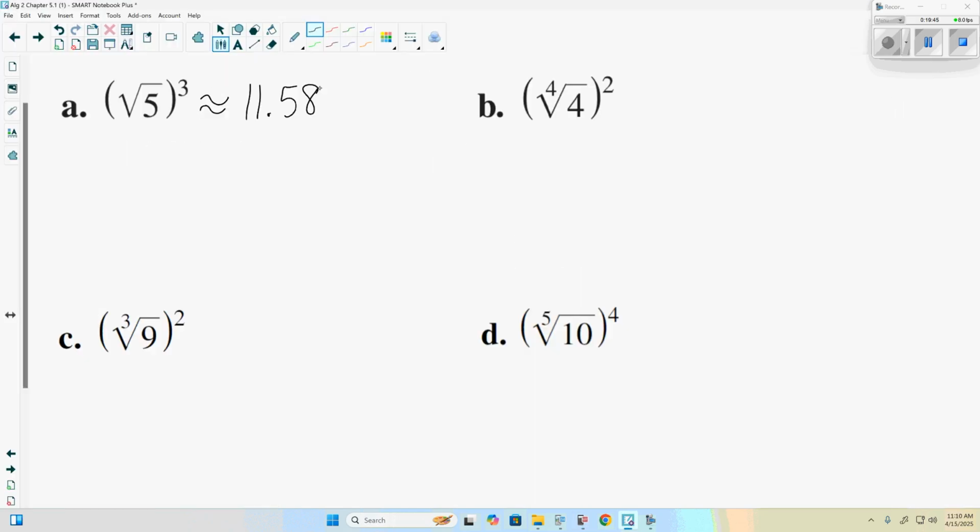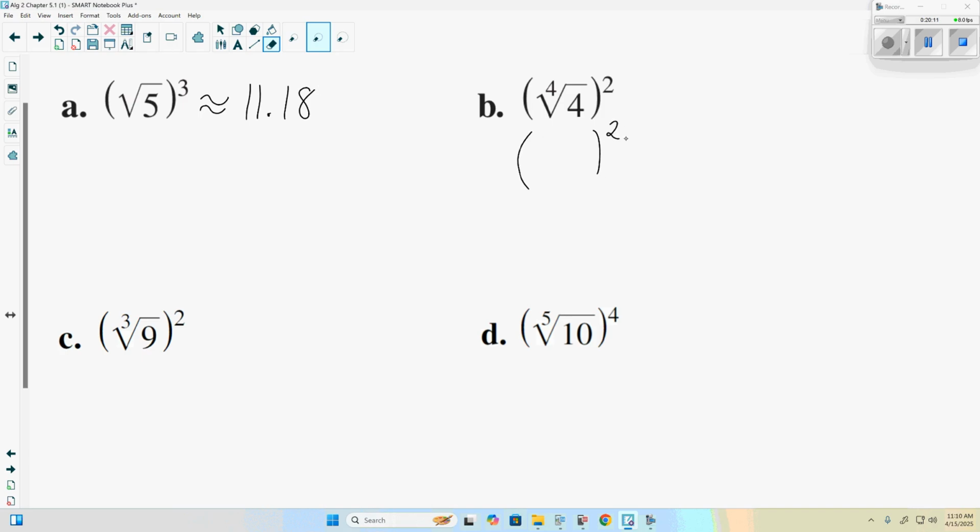I don't know where I got 5. Probably from the 5 1/8. Yep. No, that's right. So with B, we can type in the 4th root of 4 squared. And I believe the calculator gives us 1, yes? 2. Thank you. 2.